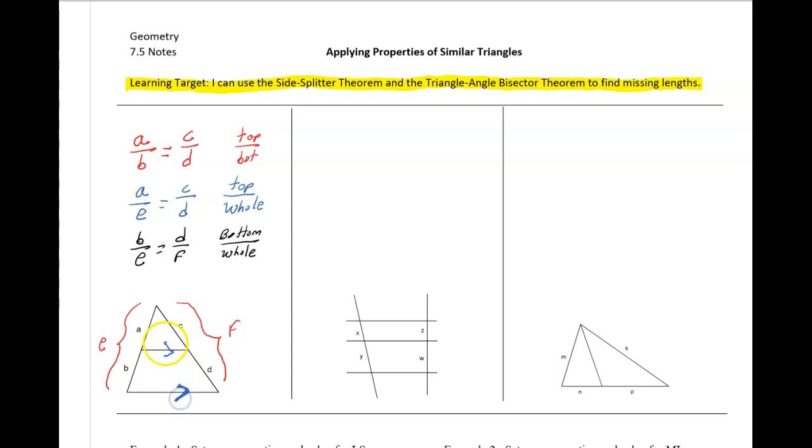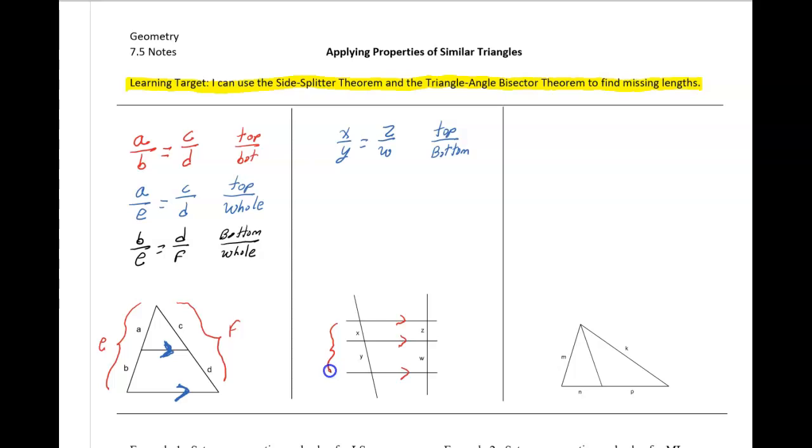So in today's examples, we're going to be solving for missing parts of the triangle. In the middle box here, again, these lines are parallel, so let's mark them parallel. And you could do the same type of thing: x over y is equal to z over w. So the top piece over the bottom piece, those proportions are equal.